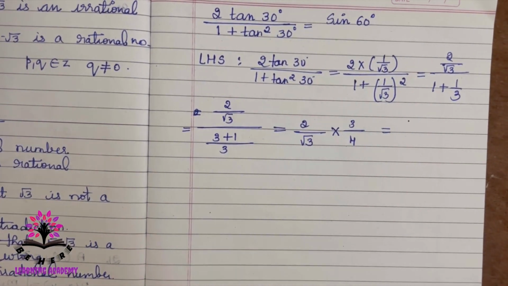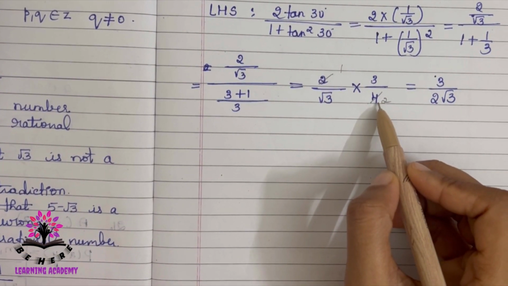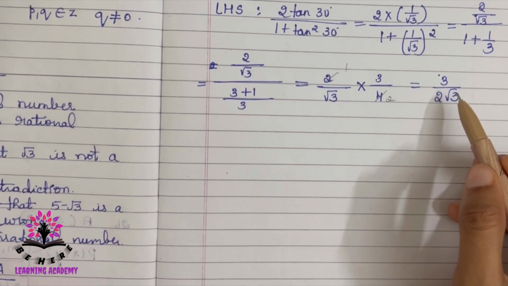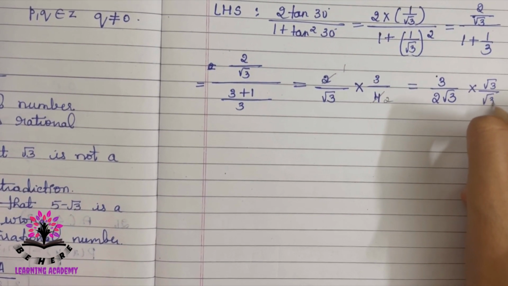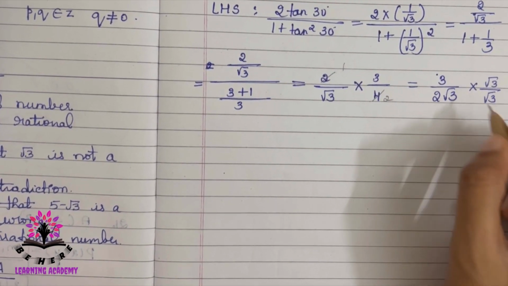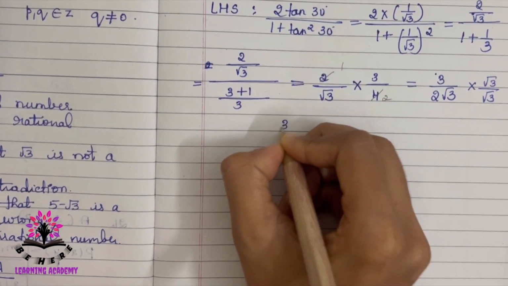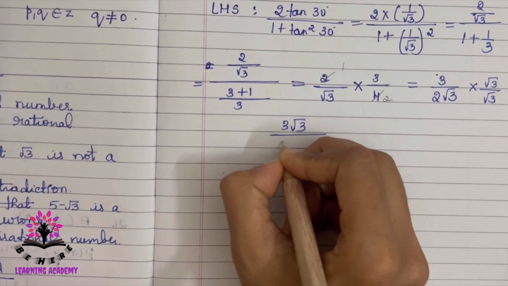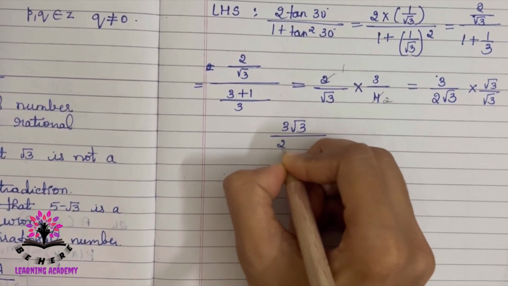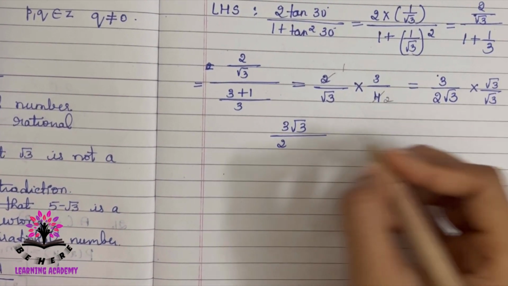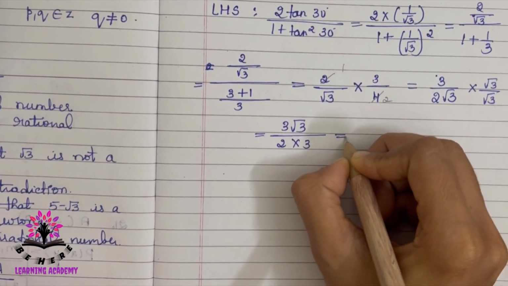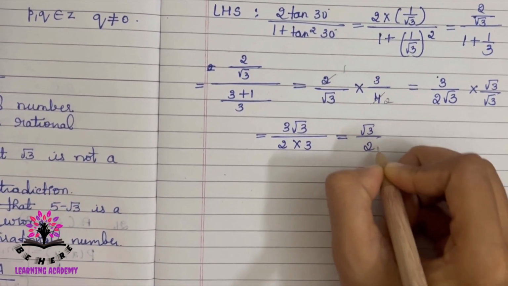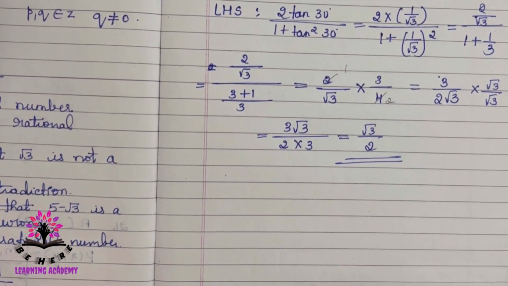Here I cancel the term, so the remaining term will be this one. So let us rationalize this, root 3 into root 3. So here the answer will be 3 root 3 divided by 2 into root 3 whole square, that is 2 into 3, that is equal to root 3 by 2. So that is root 3 by 2.